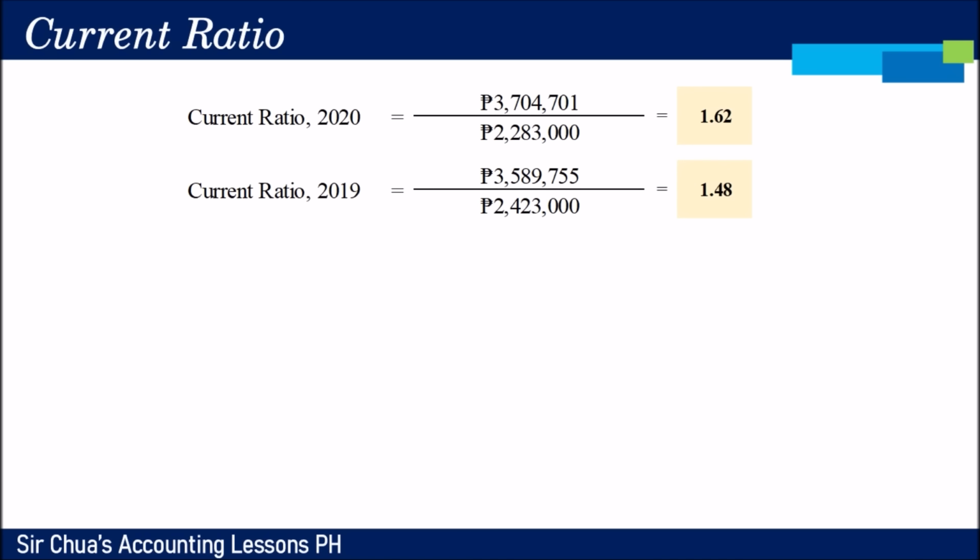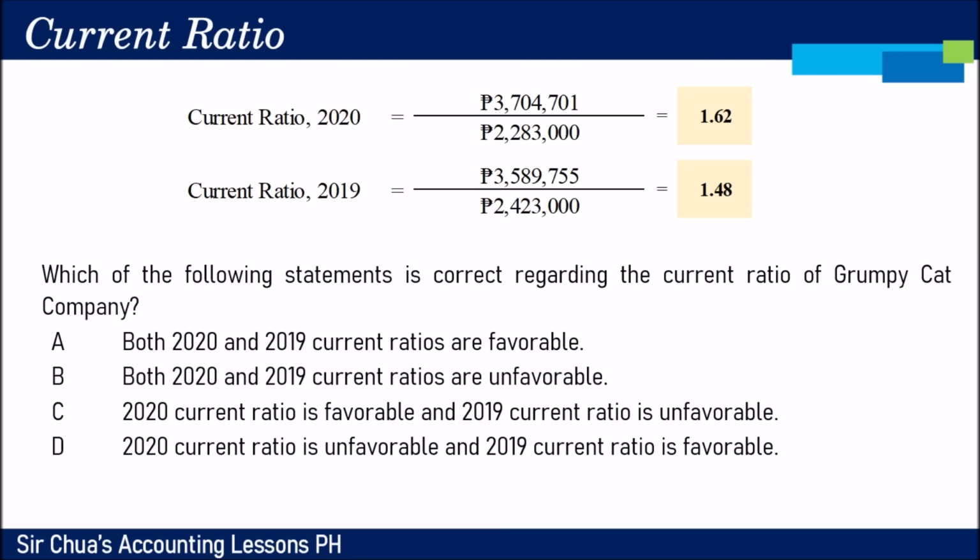Okay, so magtanong naman tayo ngayon ng multiple choice question. Given that the current ratio for 2020 is 1.62 and the current ratio for 2019 is 1.48, which of the following statements is correct regarding the current ratio of Grumpy Cat Company? A. Both 2020 and 2019 current ratios are favorable.